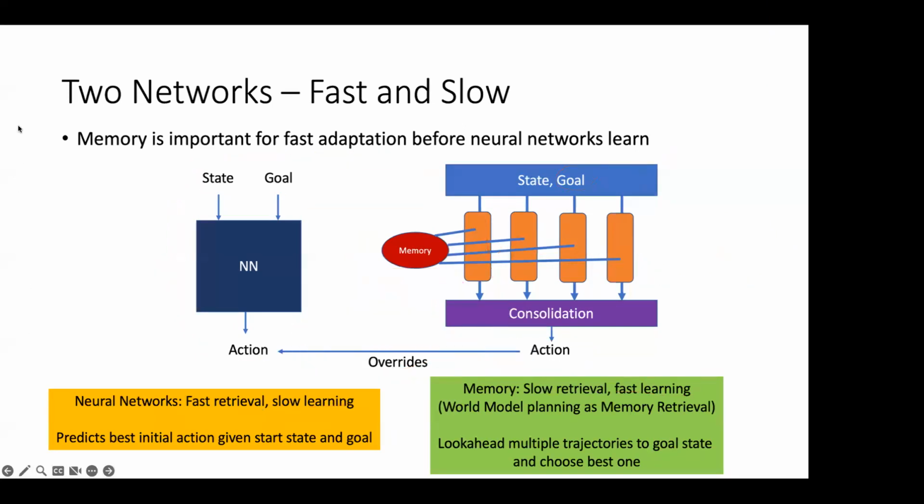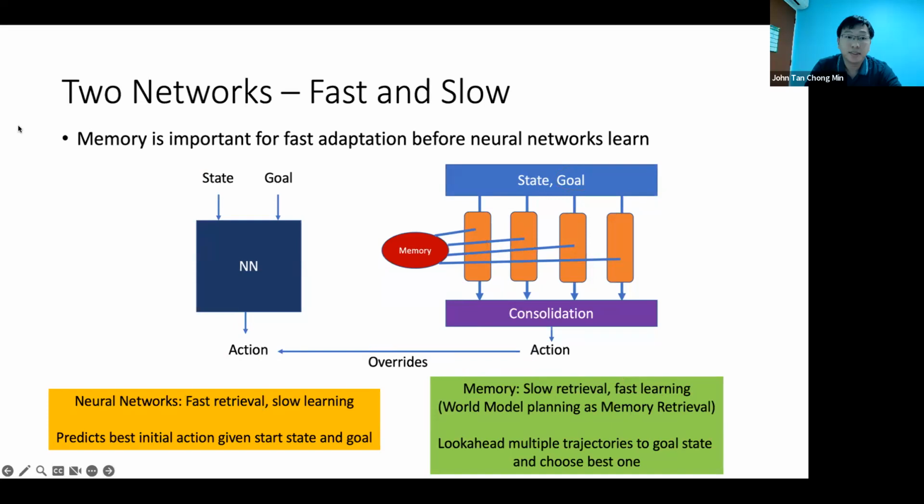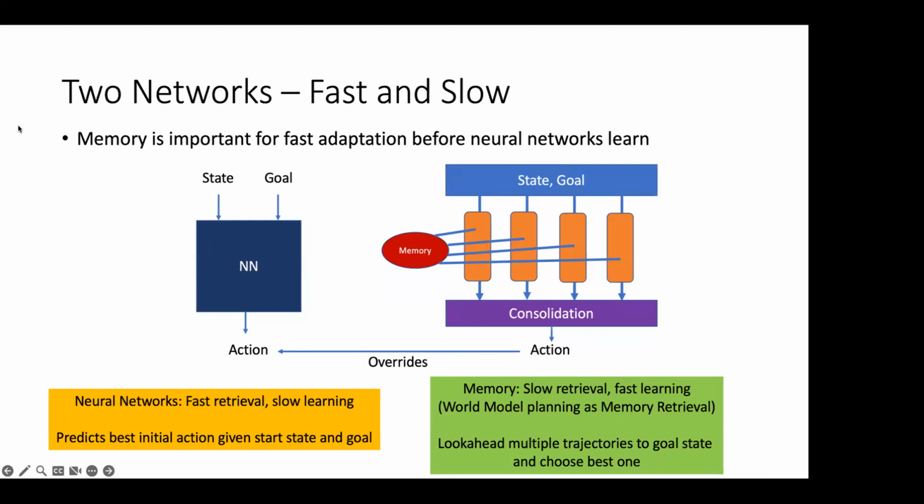John, yeah. I had one question around memory always overriding, the slow network always overriding the fast network. So I'm just taking an example: we walk every day, right? And when we are walking, we don't really invoke the slow part of our memory and ask, how do I walk?